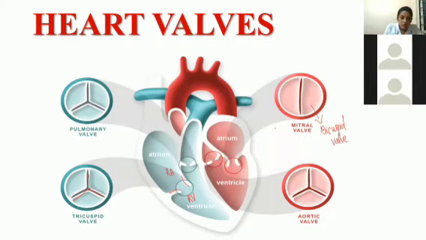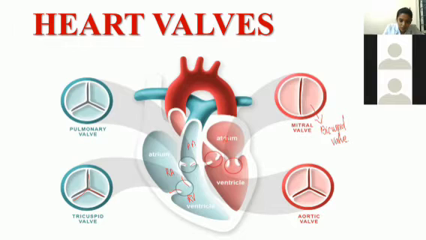Then the next valve is which one? Pulmonary valve. The pulmonary valve is between the right ventricle and the pulmonary artery, which carries deoxygenated blood. We discussed it yesterday also. Then this is the left atrium.